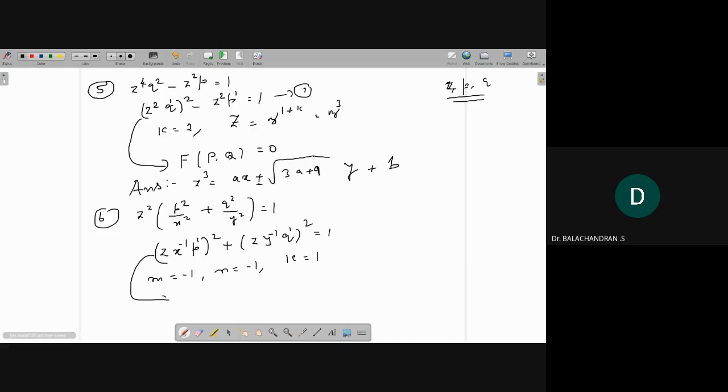So I don't need a substitution. So this equation is transformed into a function of p comma q equal to 0. The answer for this problem is z square equal to a x square plus or minus root of 1 minus a square into y square plus b.